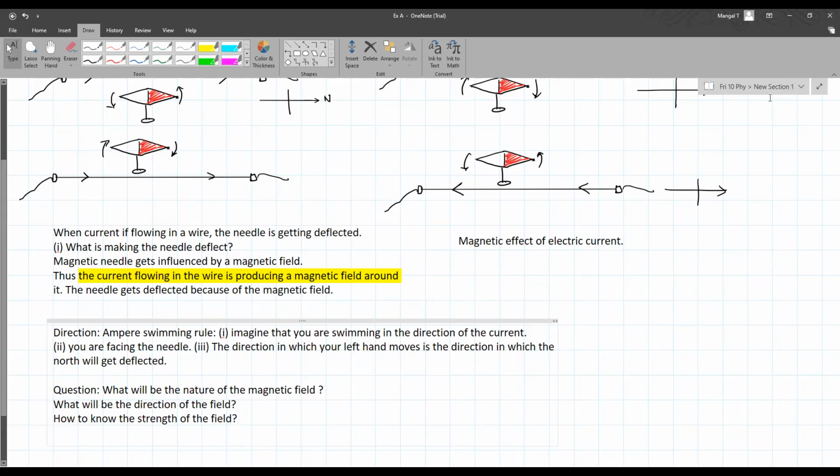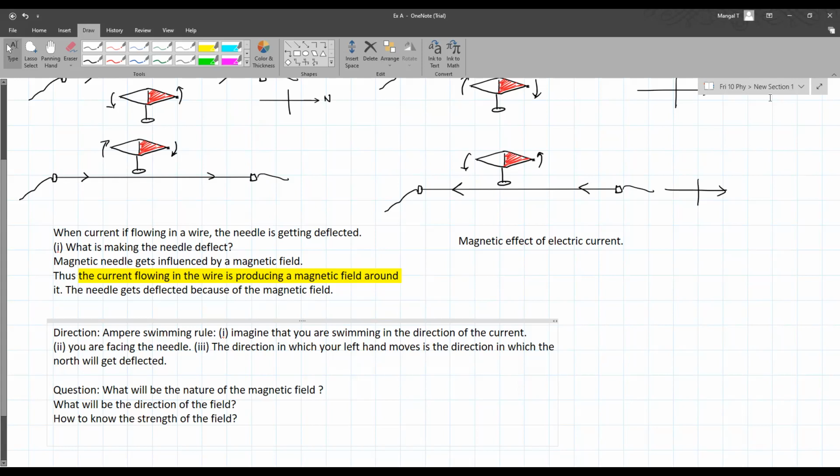Now, when you talk about the nature of the magnetic field, a few things come to mind when we study the magnetic field because of a bar magnet. We have this iron filings experiment that we do. In the iron filings experiment, there is a bar magnet placed and you sprinkle iron filings over it and you get a particular pattern.